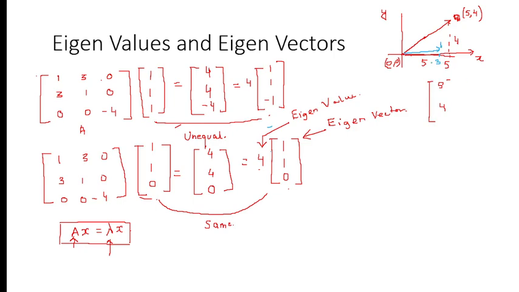So then what will it be? It will be 3 1. So that means here you are getting a vector which has a 3 cross 3 dimension. That means this vector has 3 dimensions: x, y and z.